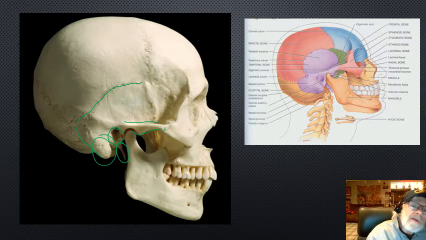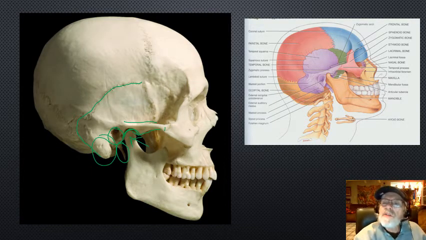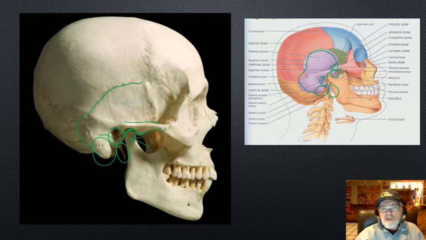Here's the mandibular fossa right there, where the condyle of the mandible sits inside that little fossa. So we can see those things over here. Again, here's the temporal bone, zygomatic process of the temporal bone. Here's the external acoustic meatus, external auditory, whatever you want to say. Here's the mandibular fossa that would be sitting right there. There's the styloid process. There's the mastoid process. Those are things I think you should know.